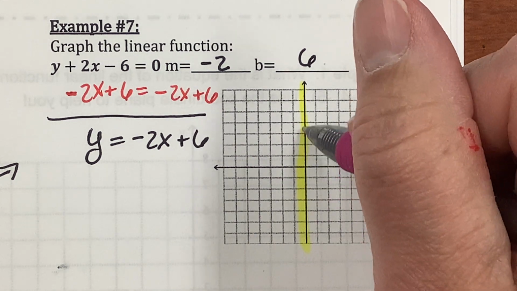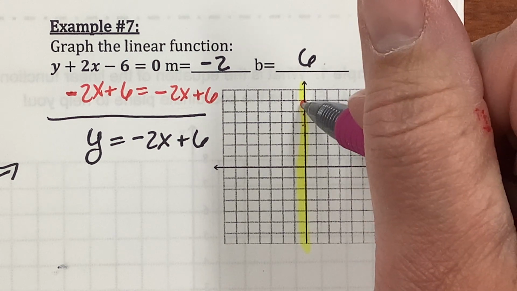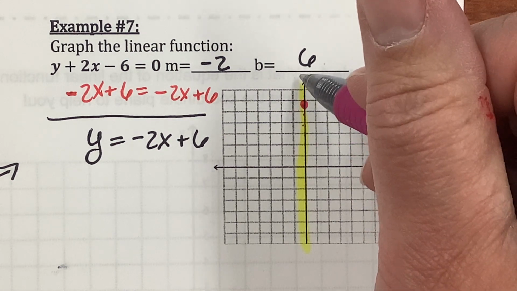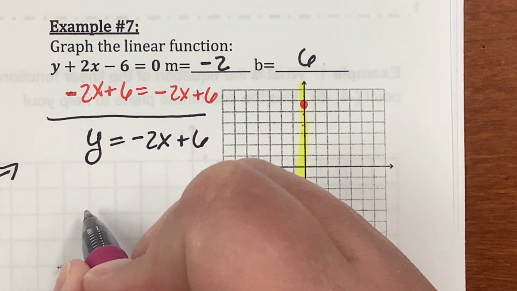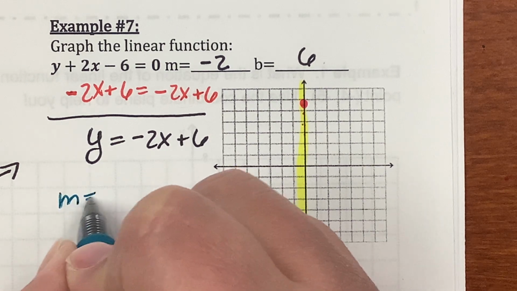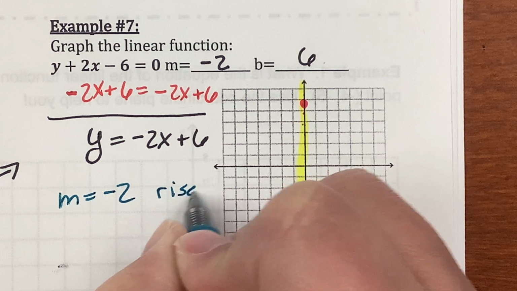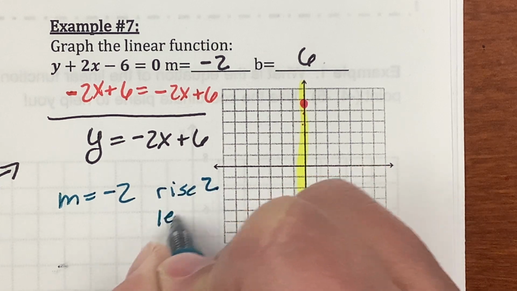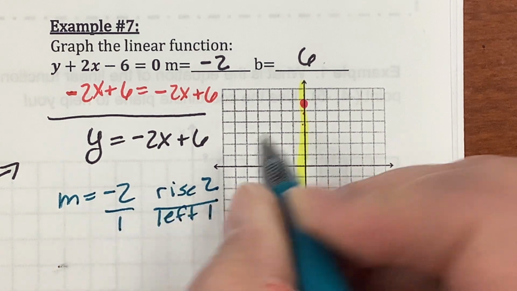1, 2, 3, 4, 5, 6. And I already know I can't rise to run to the left. So I'm going to write this down here. M equals negative 2 would be rise 2, left 1, because you know it's negative 2 over 1.